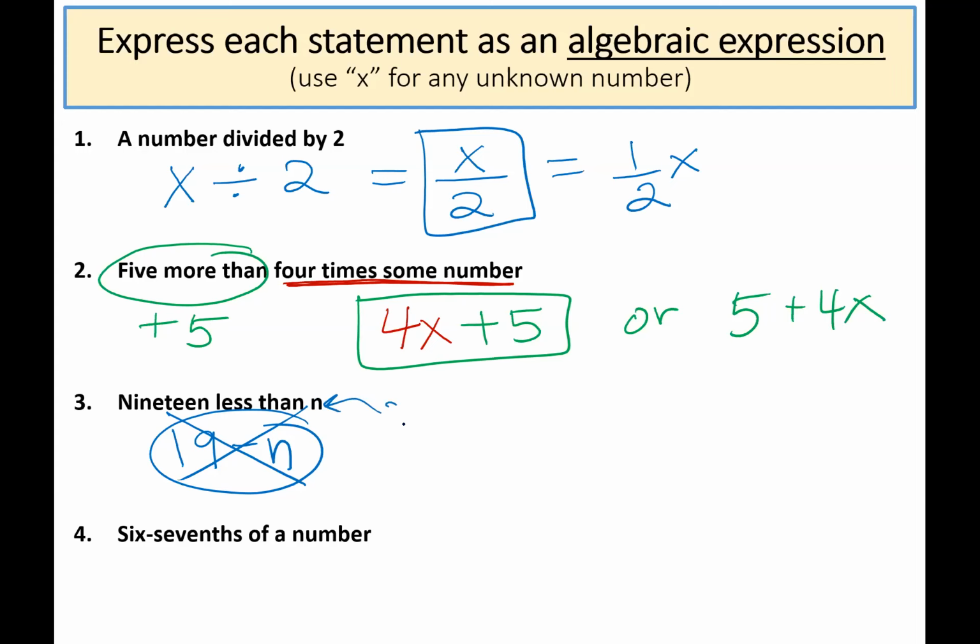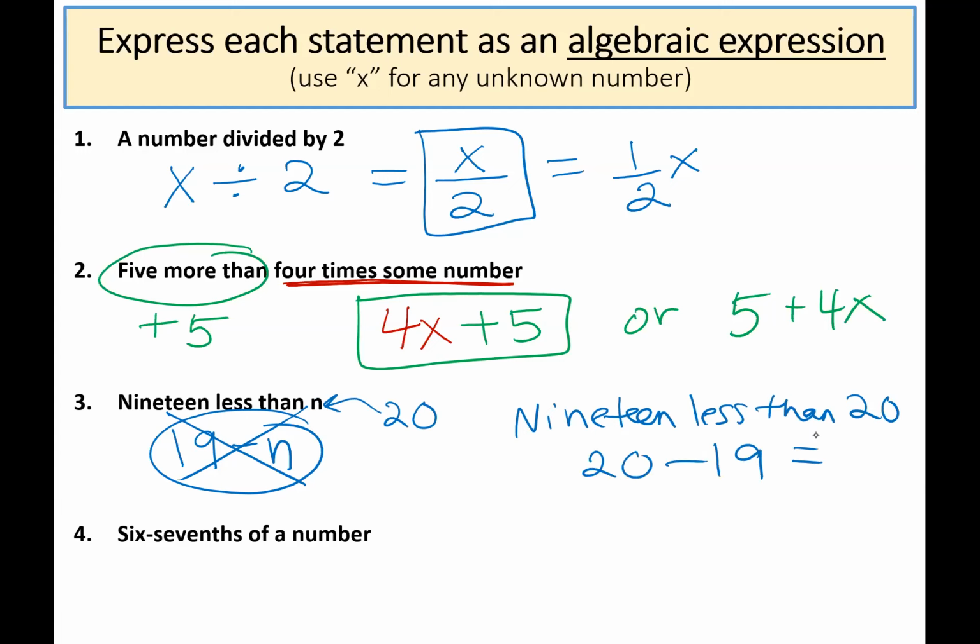If you want 19 less than 20, wouldn't you start with 20 and then subtract 19? What's 19 less than 20? Okay, 20 minus 19, oh, that's 1. If you did 19 minus 20, that would give you an incorrect answer.